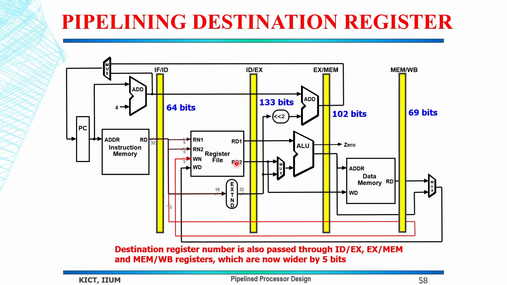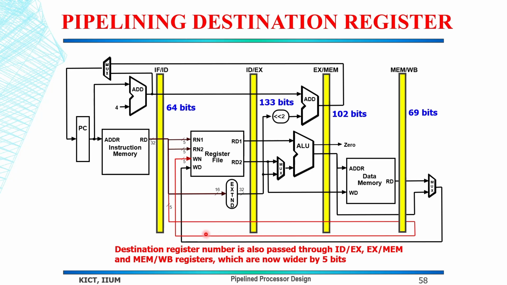Now again, this slide shows the complete pipeline data path. The single cycle data path breaks into the 5 stages, which are IF, ID, execute, memory access, and write back. In this big picture, you can see that these 5 stages are glued with pipeline registers. Each pipeline register has a different width of data, and we are already familiar now why these pipeline registers have different bits, because each carries different types of data and different control signals.